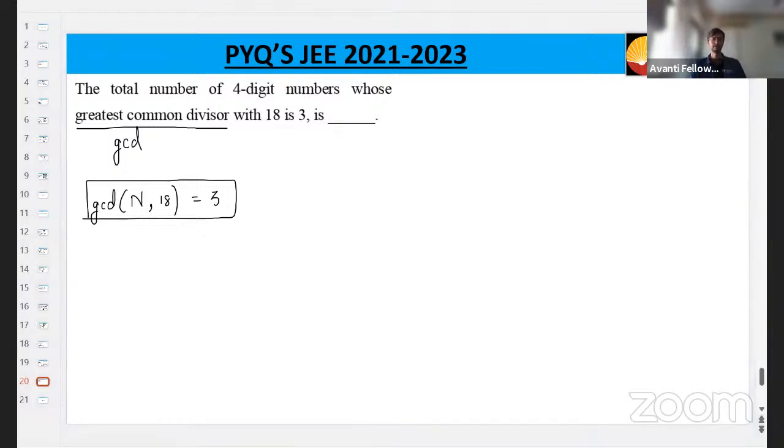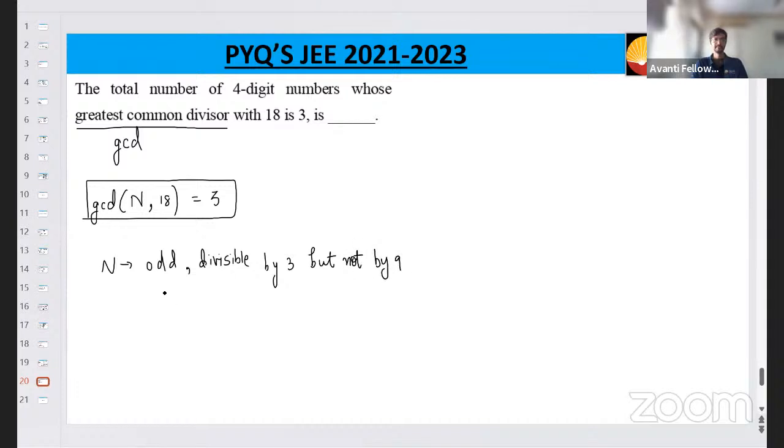Now, how to approach this, right? If the greatest common divisor, which is GCD of the number and 18 is 3, then the conclusion is N is a number which is odd and divisible by 3 but not by 9.